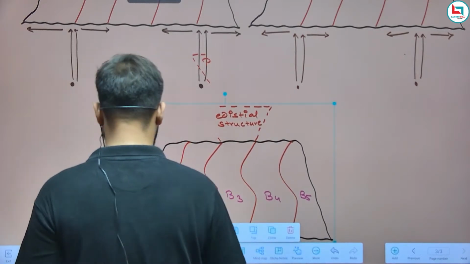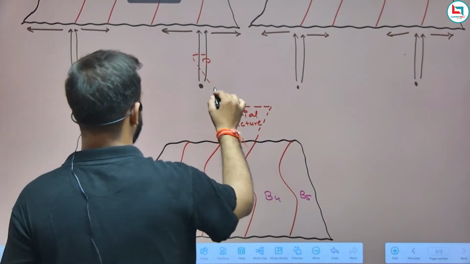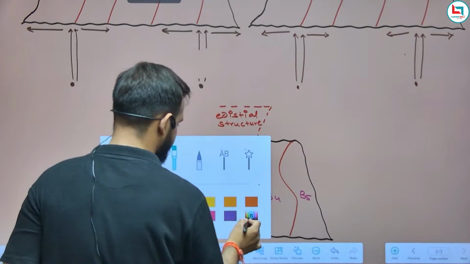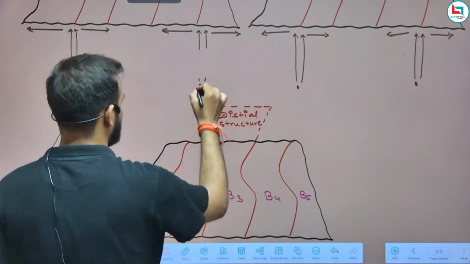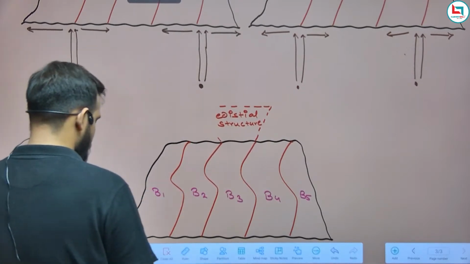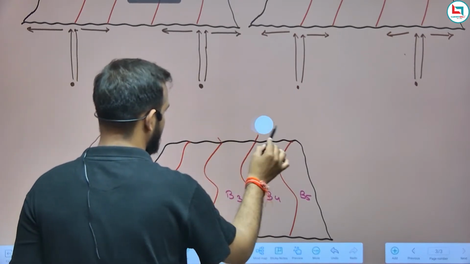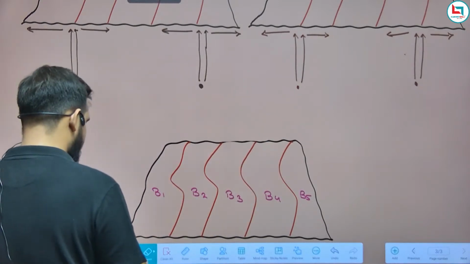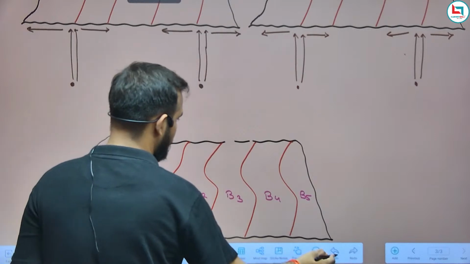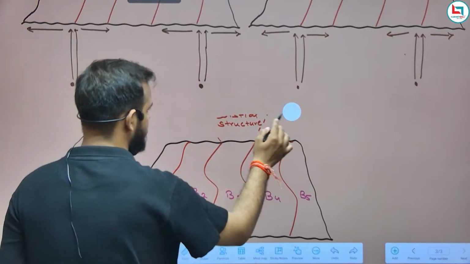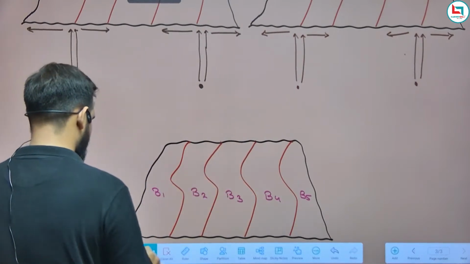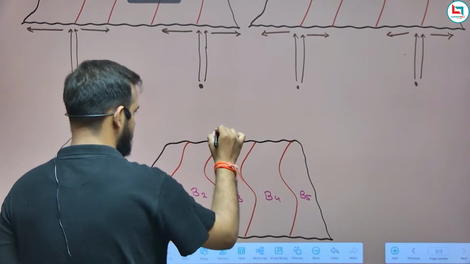Now, here we have the mantle view. So what would be the case? The case would be that due to the abrasive force, here we will see the formation of a dome-like structure, like this.